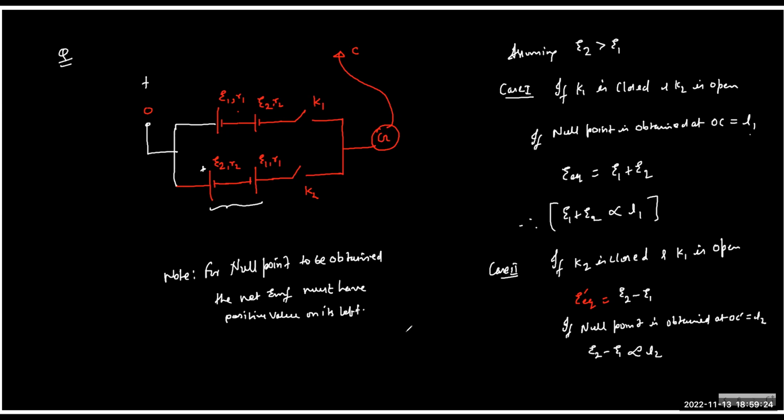Generally they ask you to find the ratio of EMF of the two cells. From here you can do componendo and dividendo, or rearrange and get the ratio of EMF, which will be in the same ratio: E2 will be L1 plus L2 and E1 will be L1 minus L2.